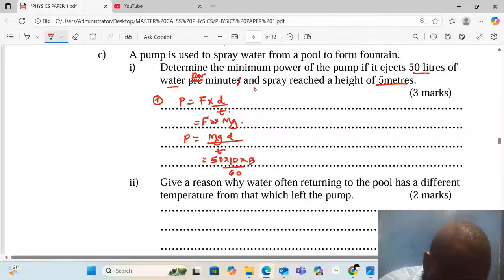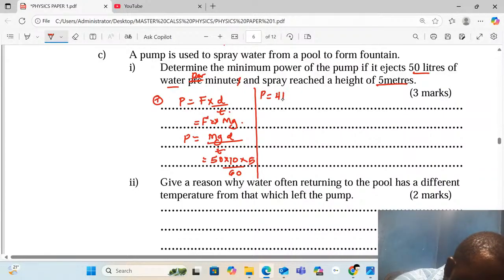It is going to lead us to a power of 41.67 watts.